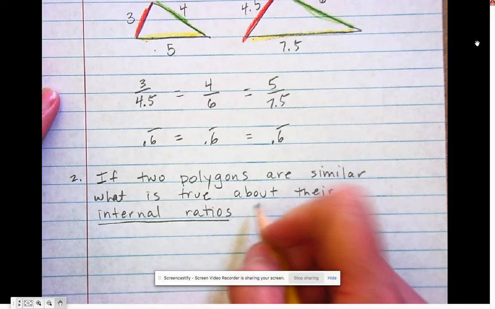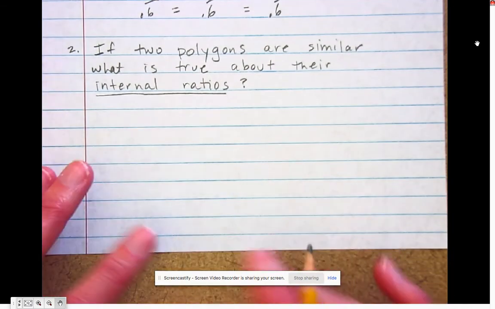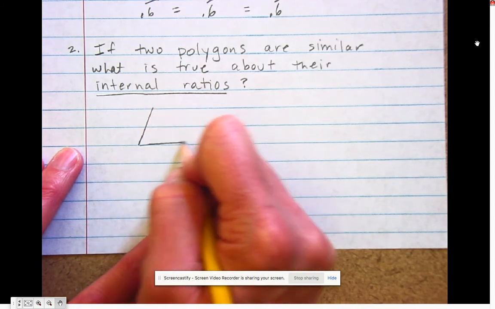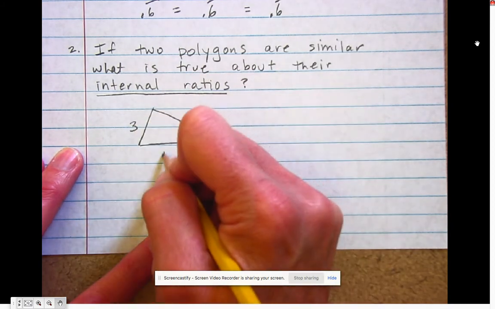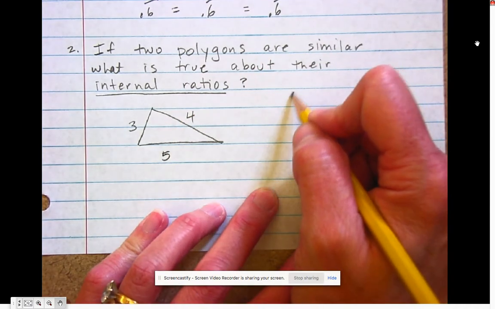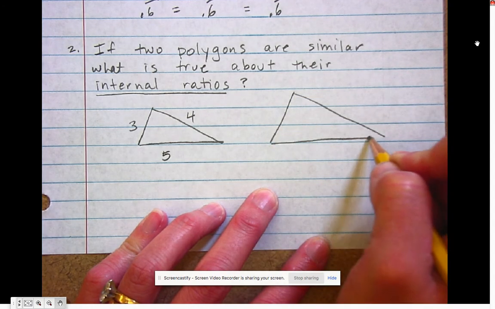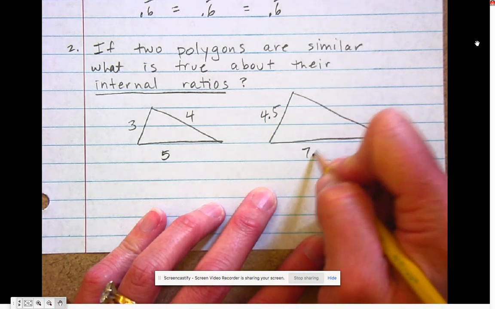Okay, internal ratios. All right, so let's go ahead and look at those polygons again. So I'm going to remake my triangles. Let's say this side is 3, this is 5, and this is 4. Okay, and let's say I've got this similar triangle, and this is 4.5, 7.5, and 6.